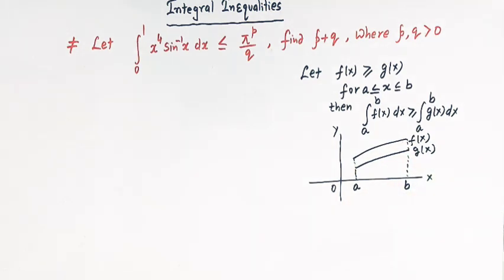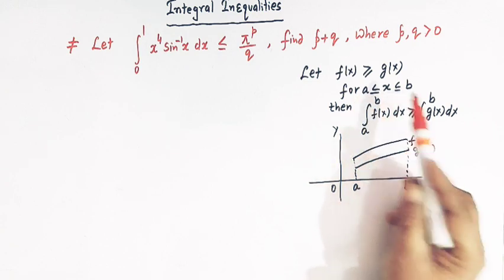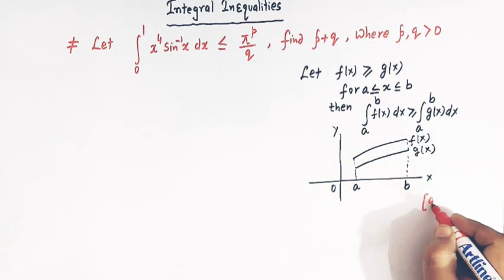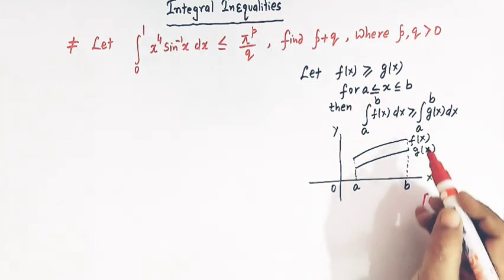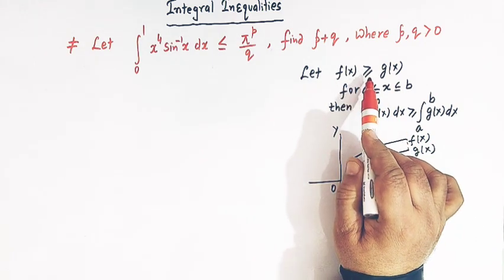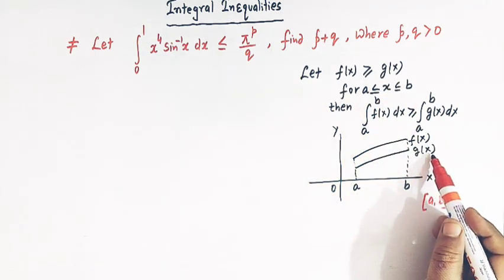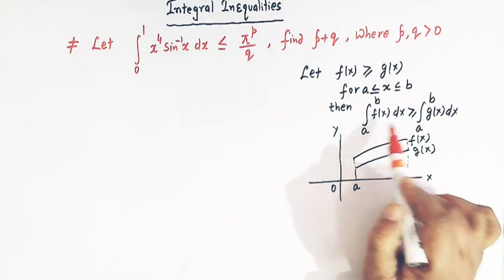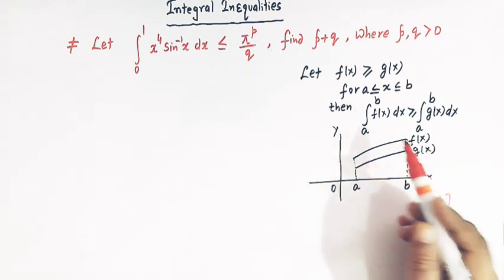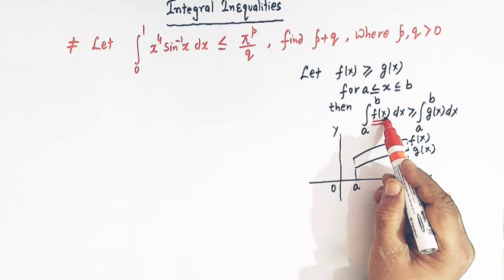Now see, for all values of x belonging to this interval, that is a to b, this function f of x is always greater than or equal to this function g of x, right?